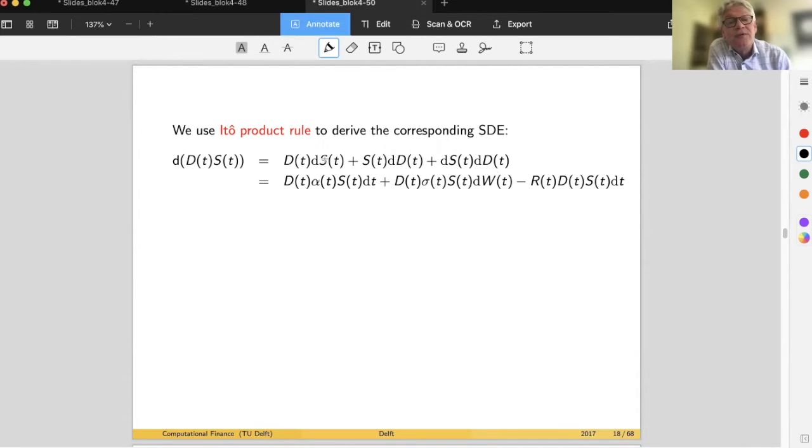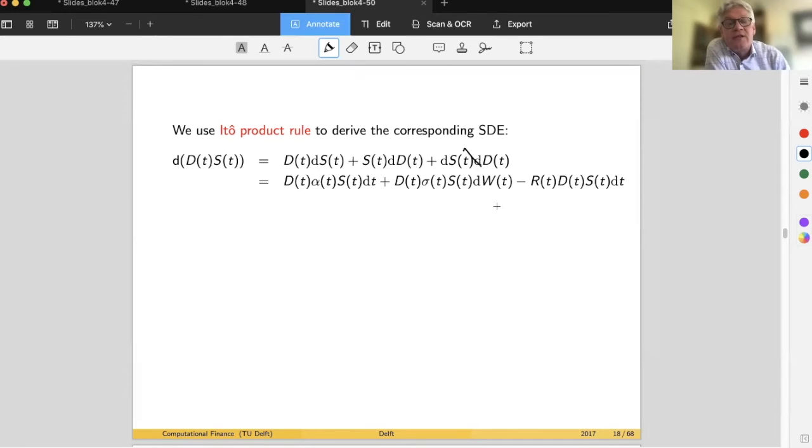So here we have substituted dS, and we end up with these terms. And the S_t dD term: S_t is here, and the change in discounting was minus R_t D_t dt, the time increment. So we end up with this form.